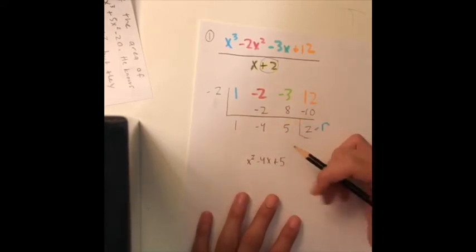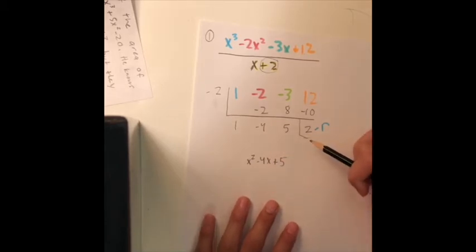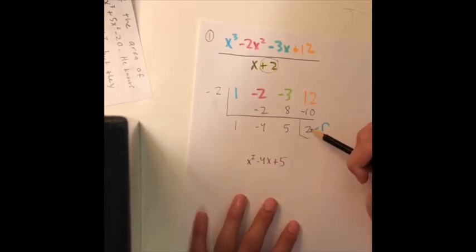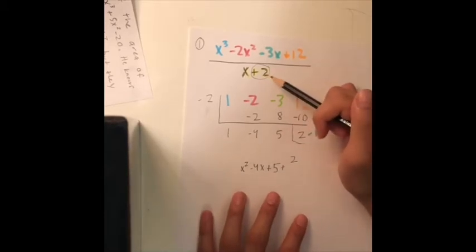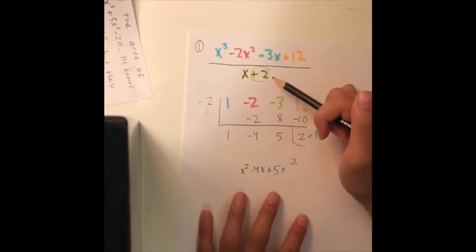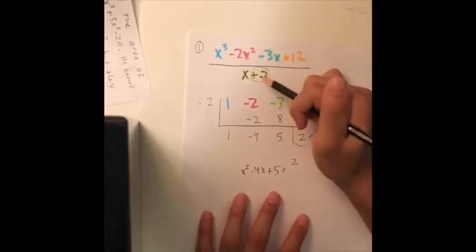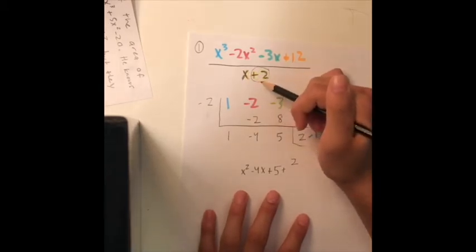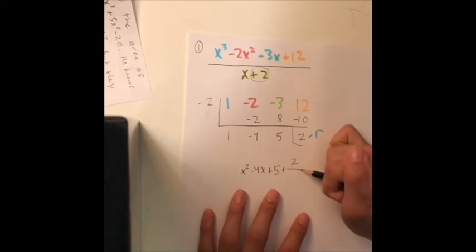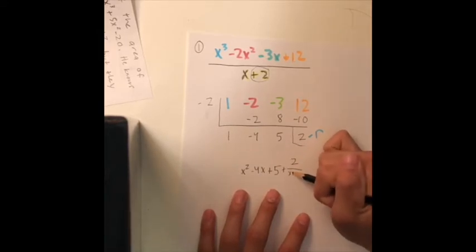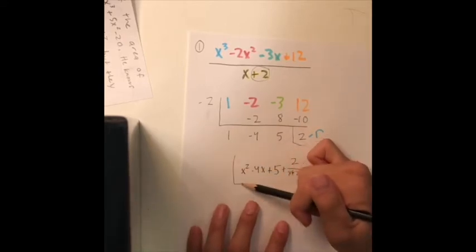And then what you're going to want to do is take the remainder, add it, but put it over the denominator of the original question. So the denominator was x plus 2. So we're going to want to put our remainder over x plus 2. And here's your answer.